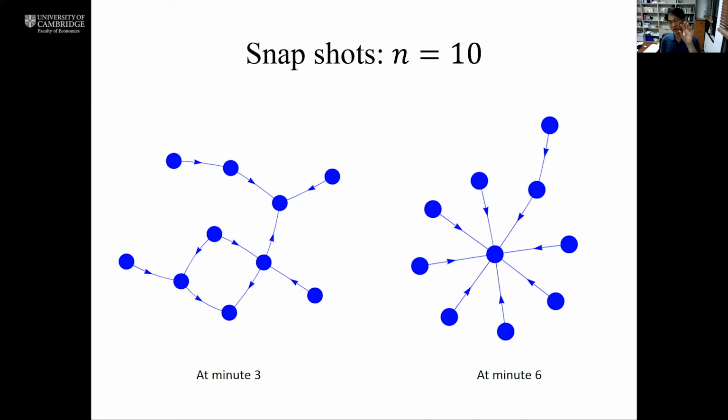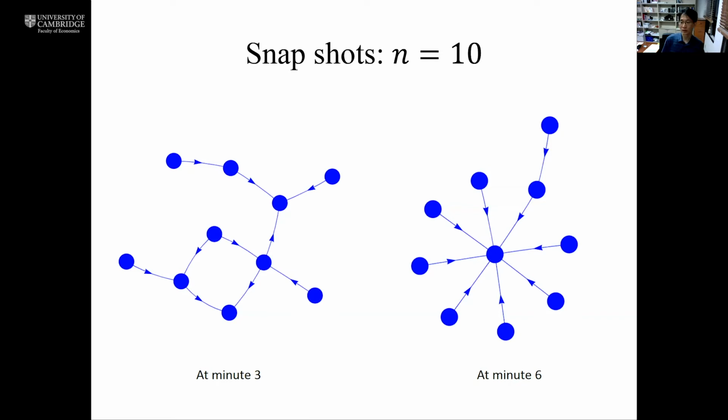This is the kind of dynamics that we can see in the small group of 10 people. At the beginning, there is lots of activity of forming links among the individuals, and then in the middle of the game, at minute 3, we often observe this kind of network you see on the left-hand side of the screen.